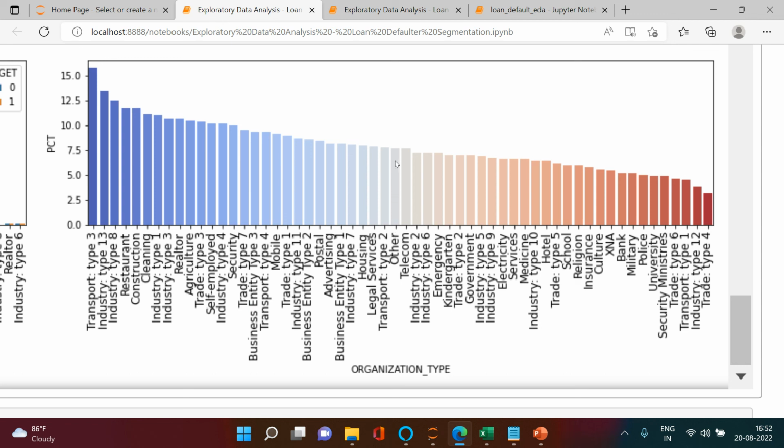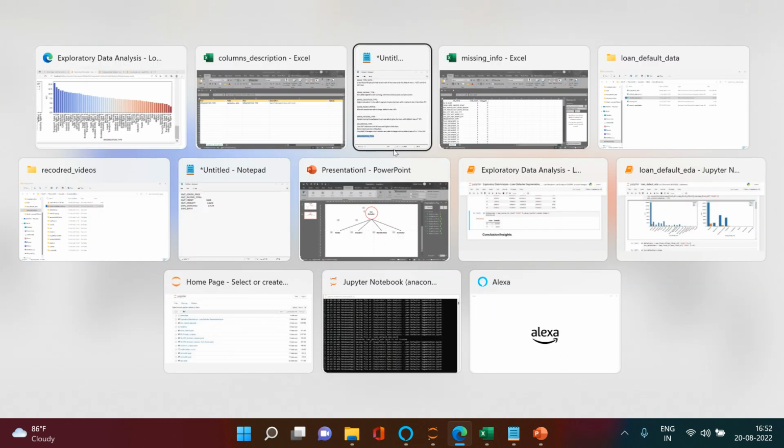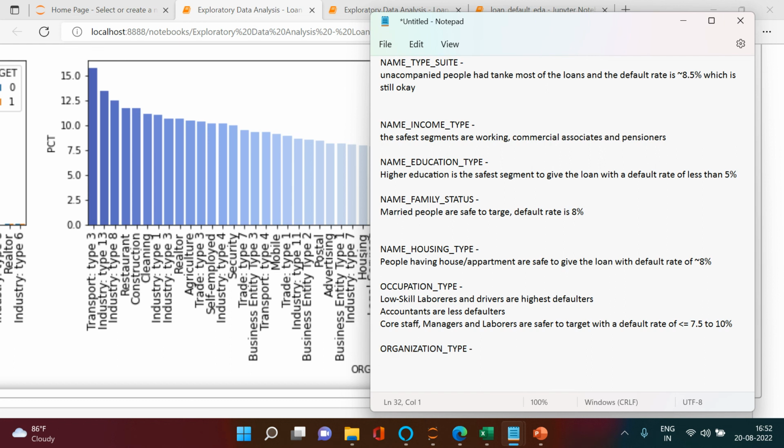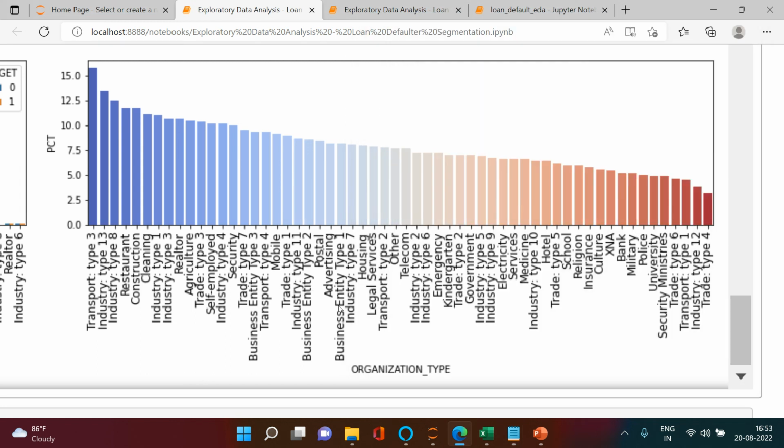Okay, so let's write our conclusion over here. Organization type: transport type 3 is the highest defaulter. Then the safest one is trade type 4, but the number of loans given is too low.